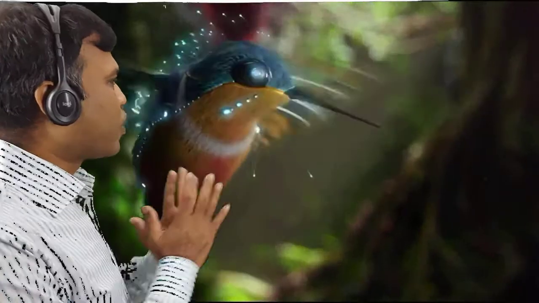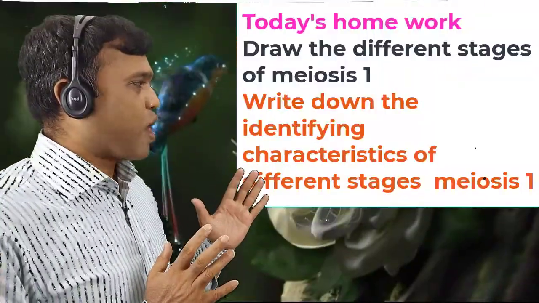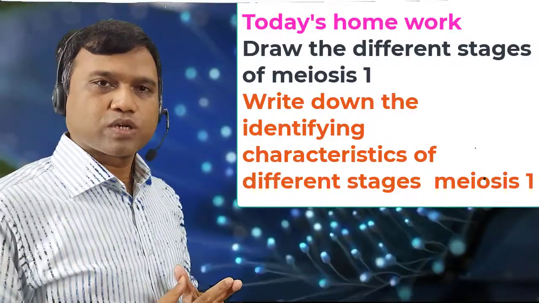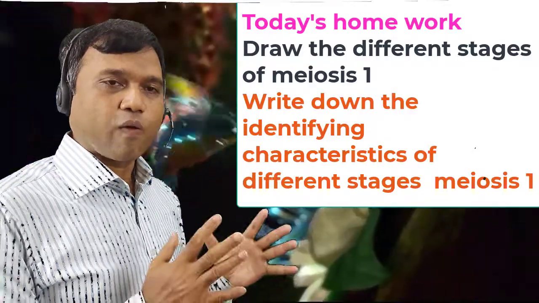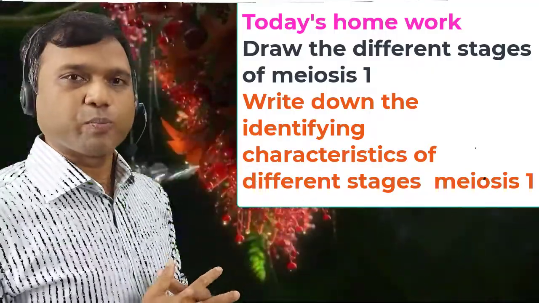So from this class, we can easily draw the different stages of meiosis one. Also, we can write down the identifying characteristics of the different stages of meiosis one. So today's homework is that you have to draw the different stages of meiosis one, and also write down the identifying characteristics of meiosis one.